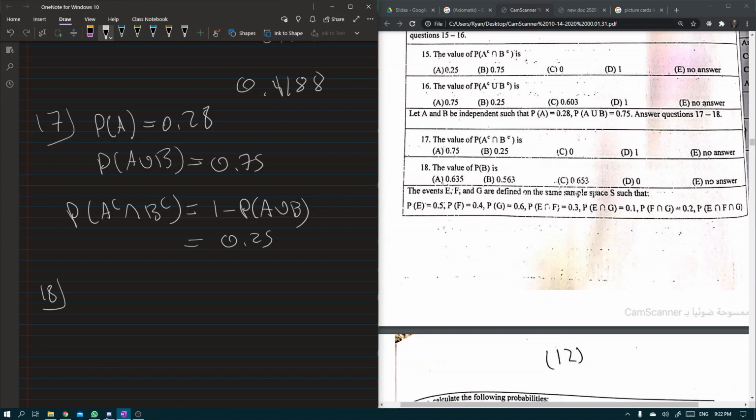I understand now. The problem is that it didn't give us A and B. The main point is independent. The hint is that it's independent. What does it mean then? I'm going to explain independent and why it matters.